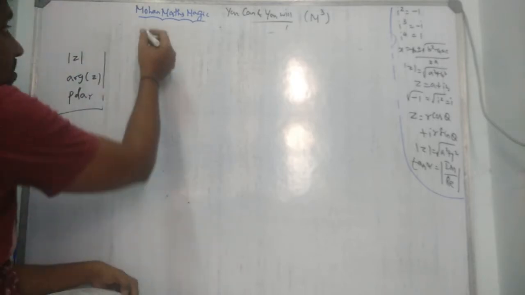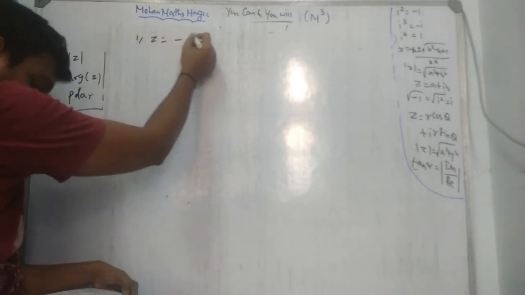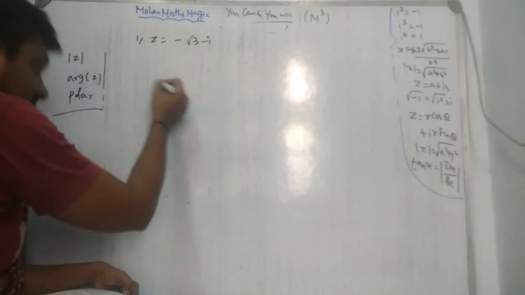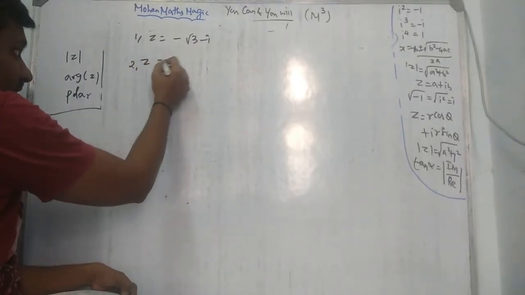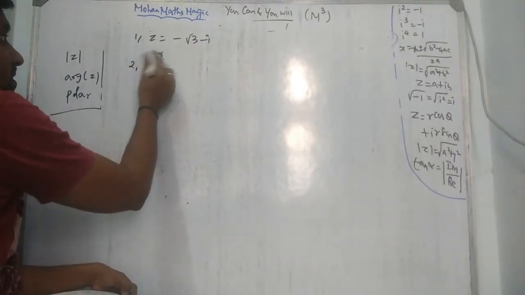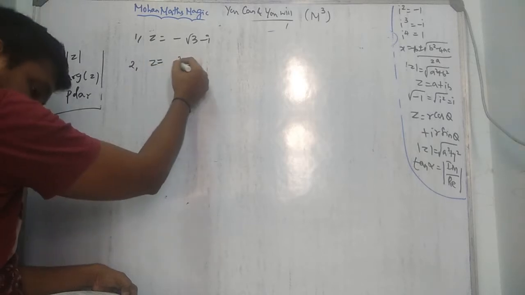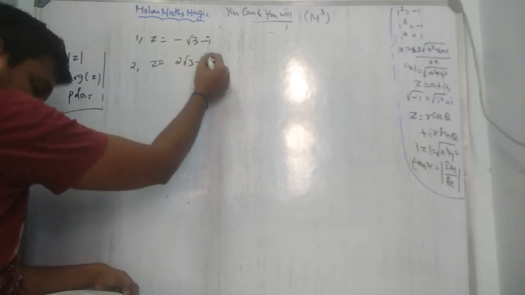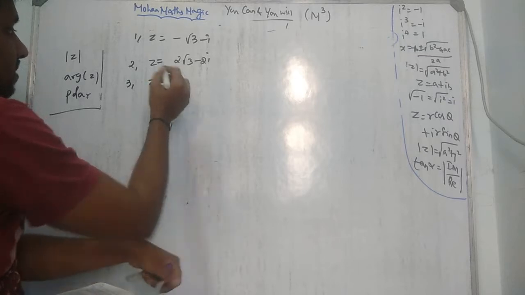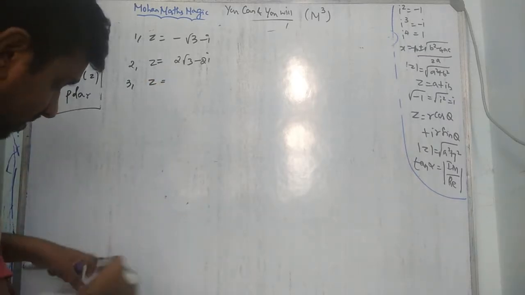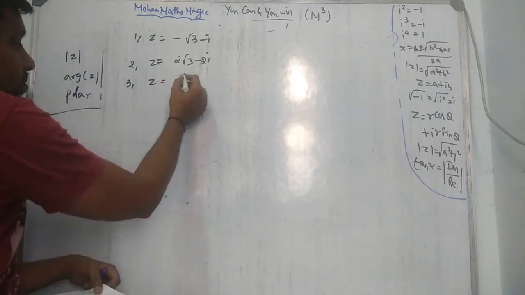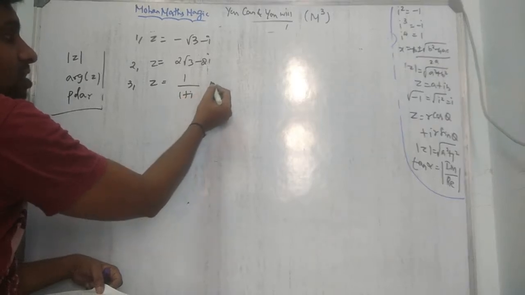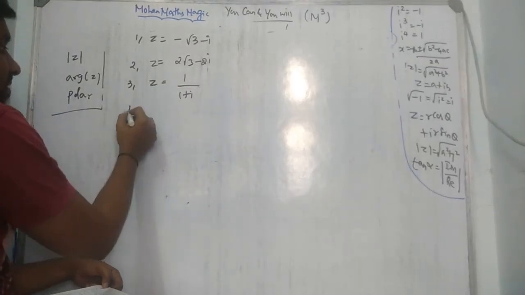Z equal to minus root 3 minus i. Second sum, z equal to 2 root 3 minus 2i. Third sum, representation in polar form: z equal to 1 upon 1 plus i. Take a conjugate, then simplify and then find the polar form.